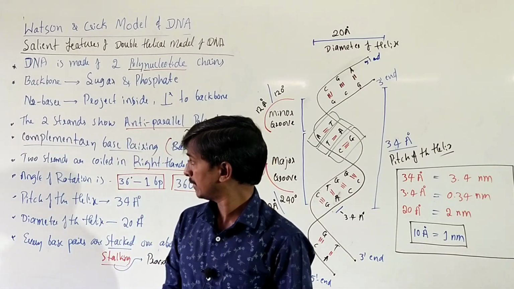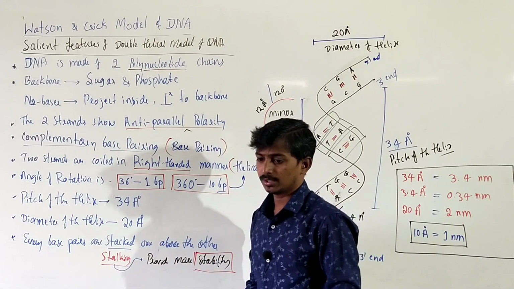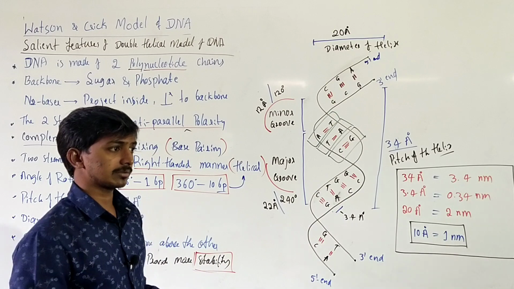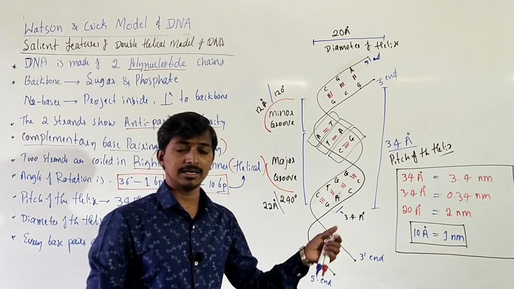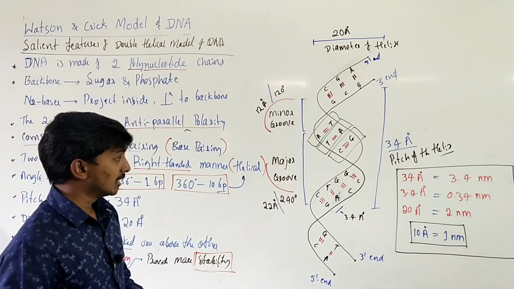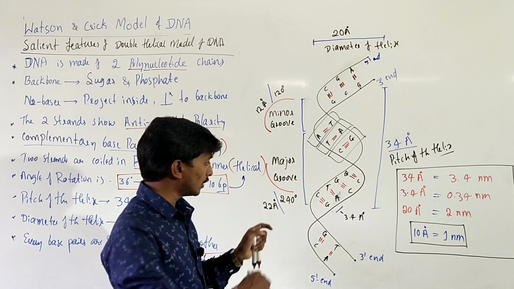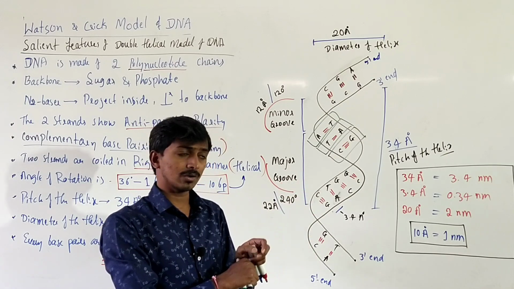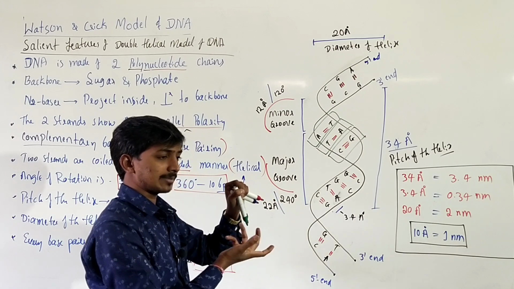Okay, so maybe in the next class we will see the types of DNA. Alphabetically there are DNAs like A DNA, B DNA, C DNA, D DNA, Z DNA, many types. Only the numerical changes are there, or some DNAs will be turning left, right, clockwise, anti-clockwise.